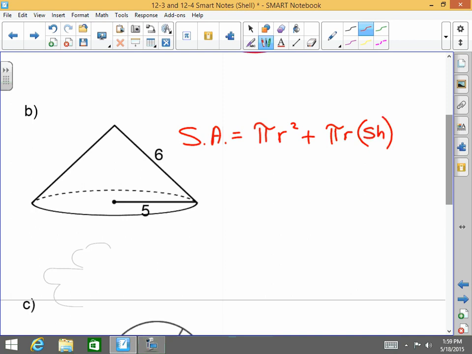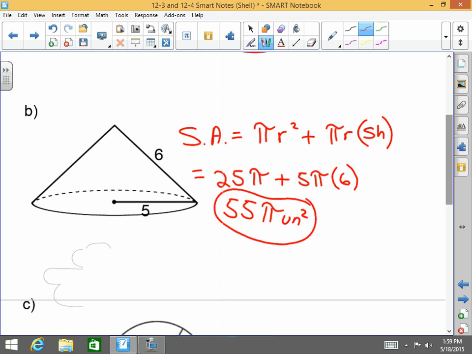In this case, I gave you everything you needed. We got pi r squared, which is 25 pi, plus pi r, which is 5 pi, times my slant height of 6. So that's 25 pi plus 30 pi, which is 55 pi units squared.